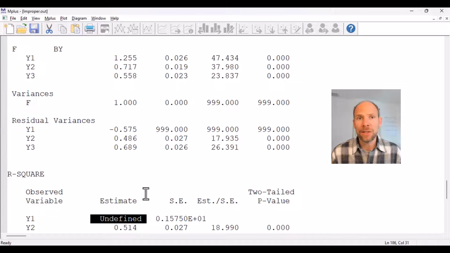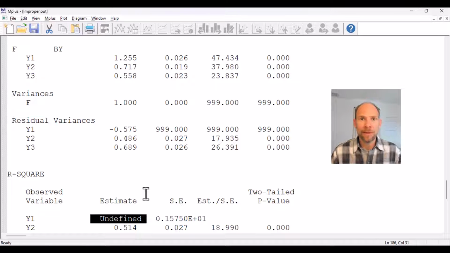One reason can just simply be bad luck, sampling error. So you have a sample where randomly this sample contains a weird composition of cases that results in an awkward covariance or correlation matrix where the covariances and correlations are such that they produce a solution like this, even though the model may be the true model.